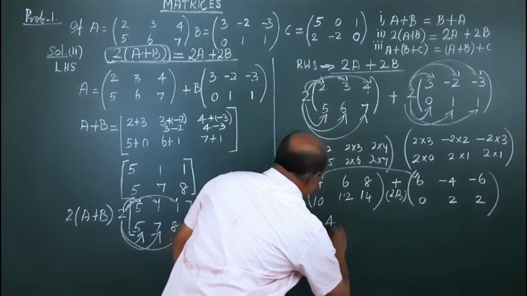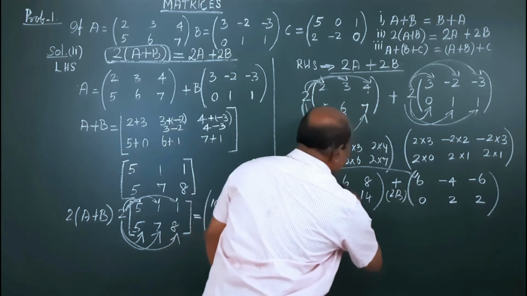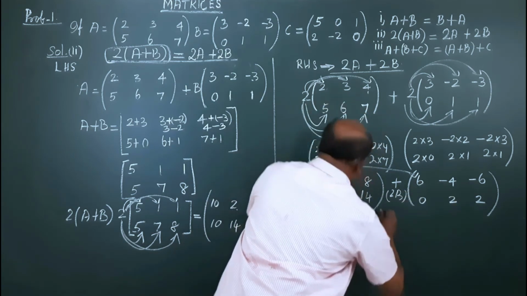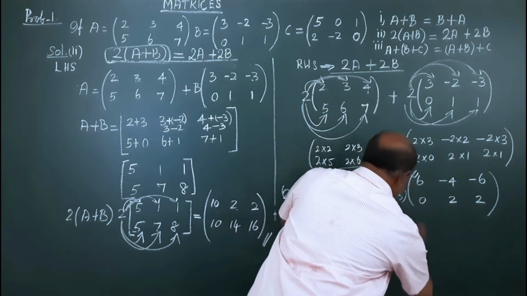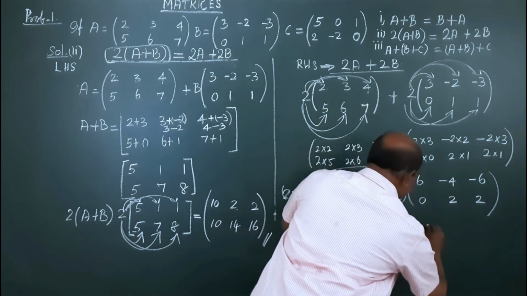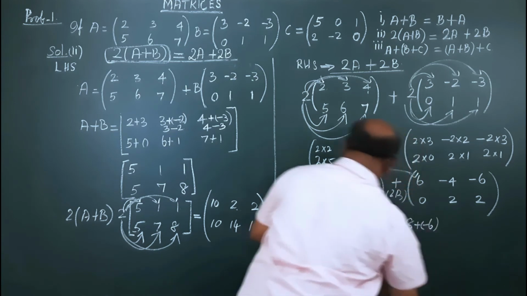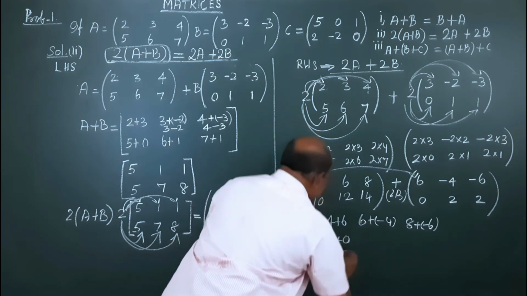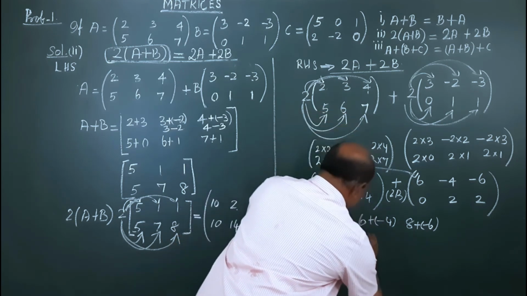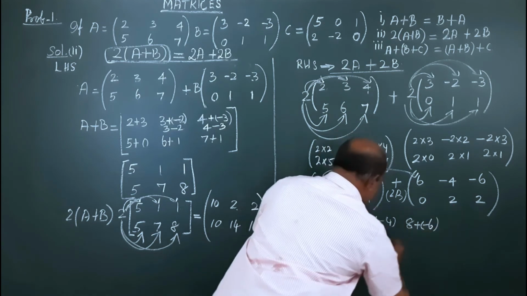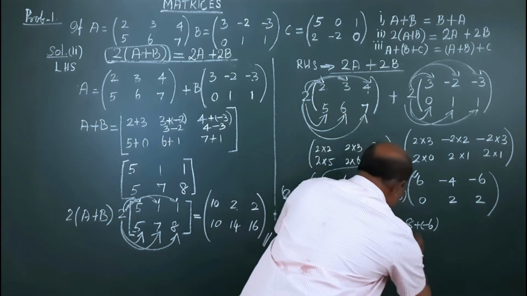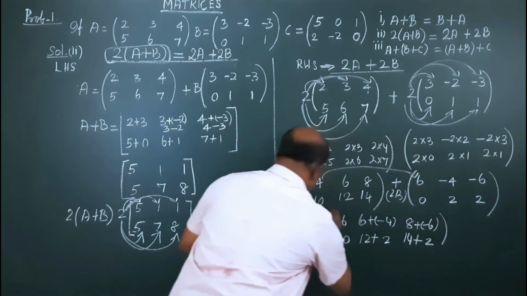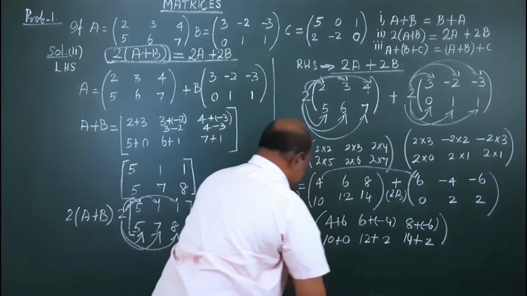Here 4 plus 6, 6 plus minus 4, 8 plus minus 6. Again 10 plus 0, 12 plus 2, 14 plus 2.